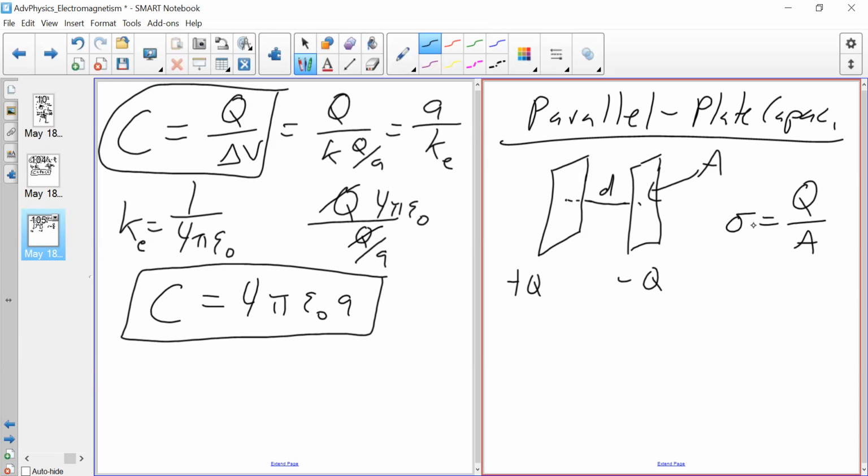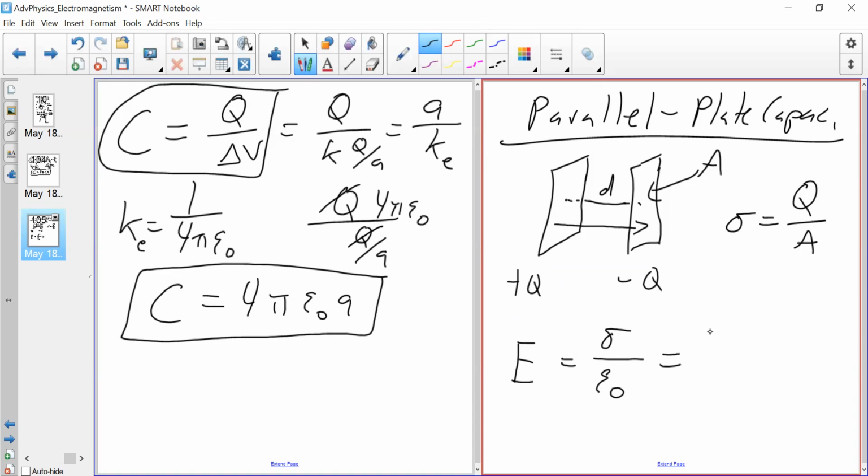Because if it was linear, it would be Q over L. And if it's a volume, it would be rho, Q over V. So the electric field between these two plates, positive to negative, our convention, is going to be given as Q over epsilon naught. Well, it's not a point charge, it is a surface charge, so sigma over epsilon naught.